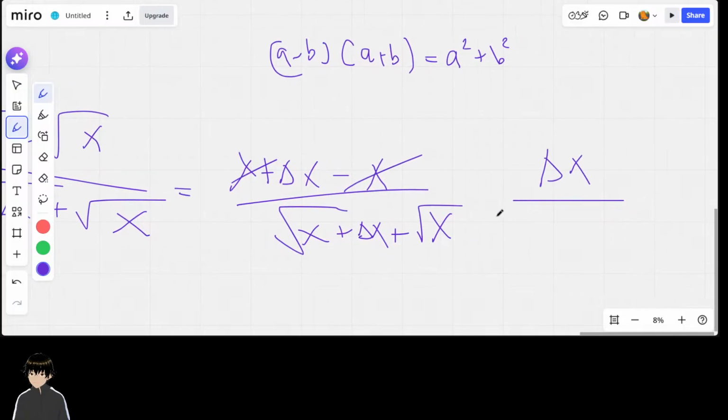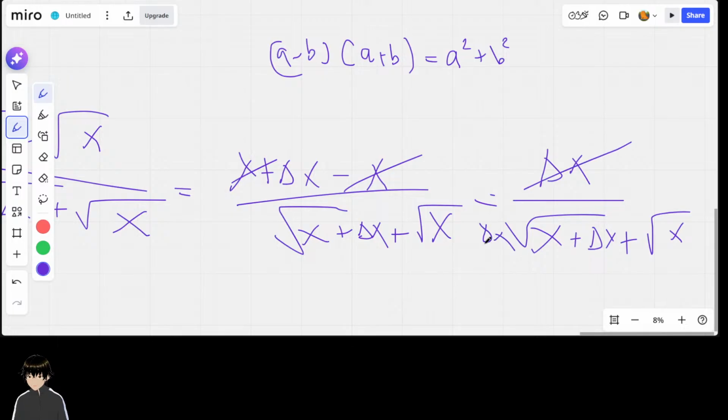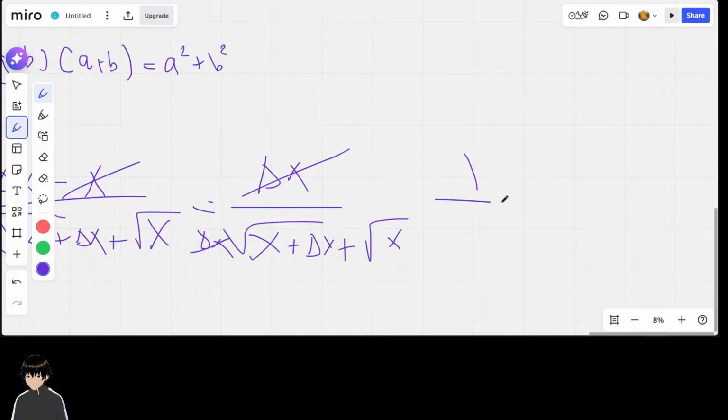We get plus that. Now if we can finally divide, so cancel those. Got one over here and then one there.